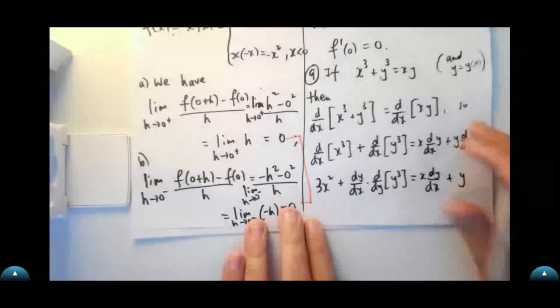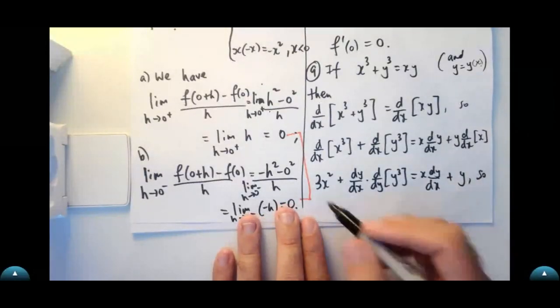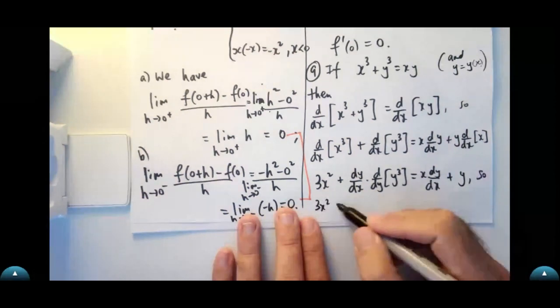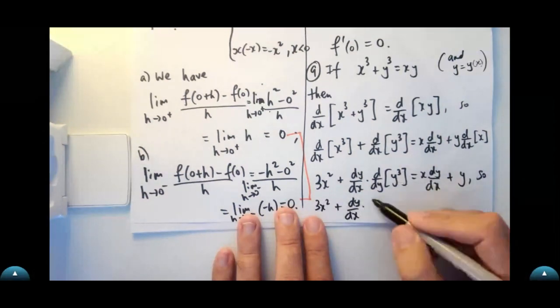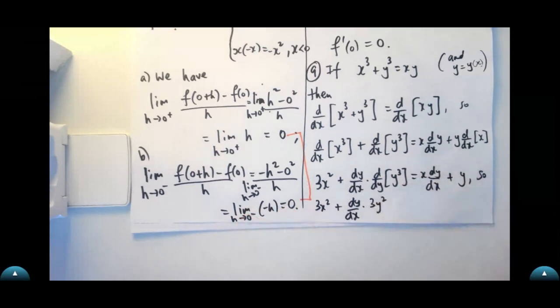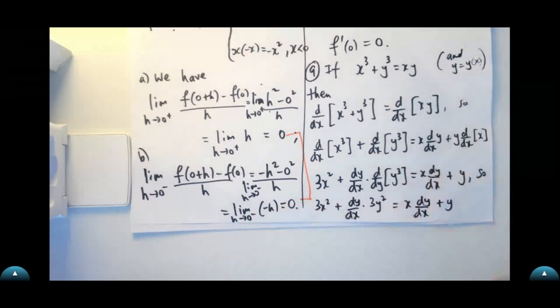Okay, last step. Let's differentiate this. So that's going to be 3y squared, like Rahul said in the chat. So all I want to do now is simplify this and make dy dx the subject, make dy dx equal something.